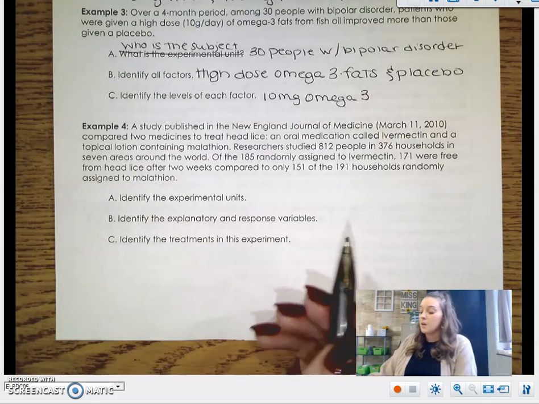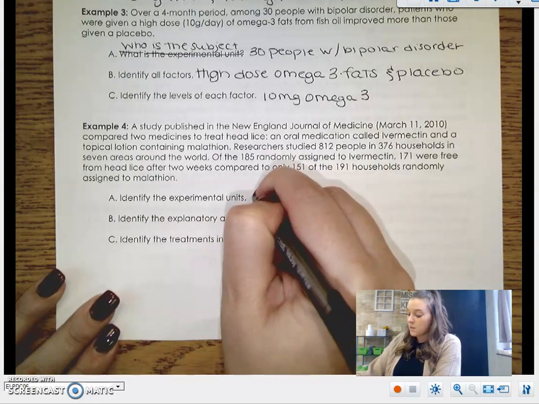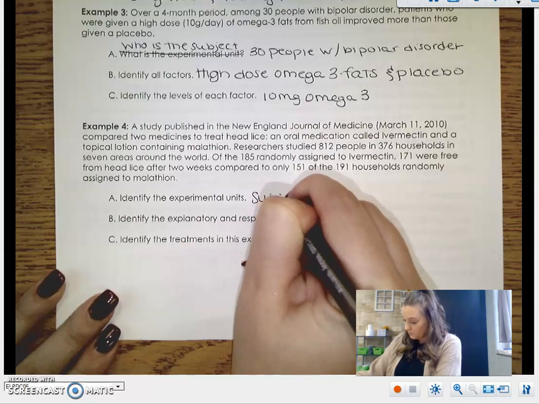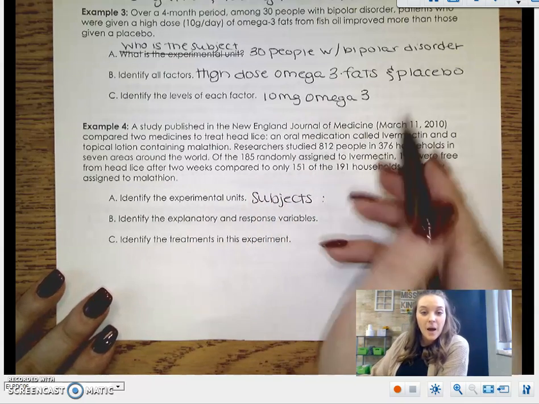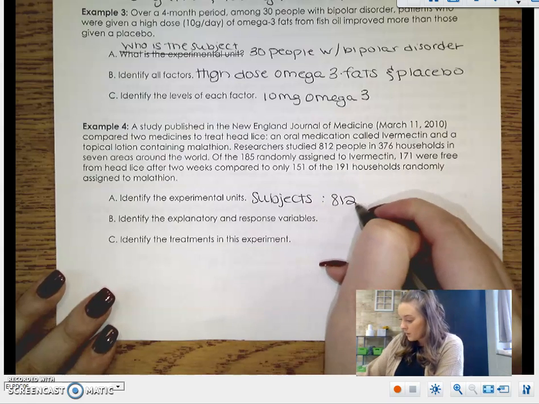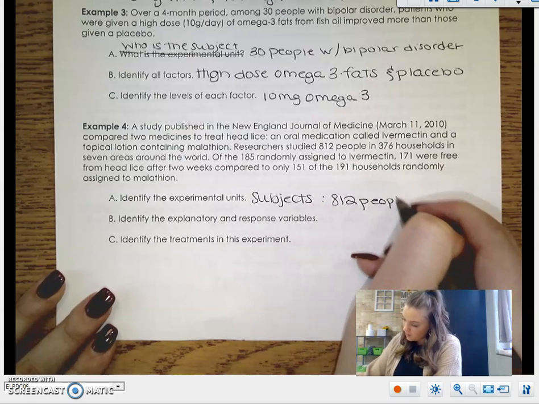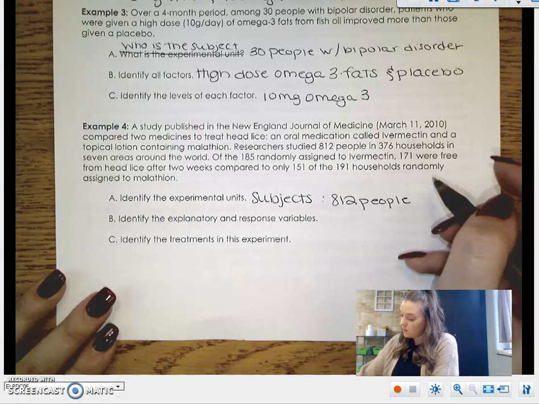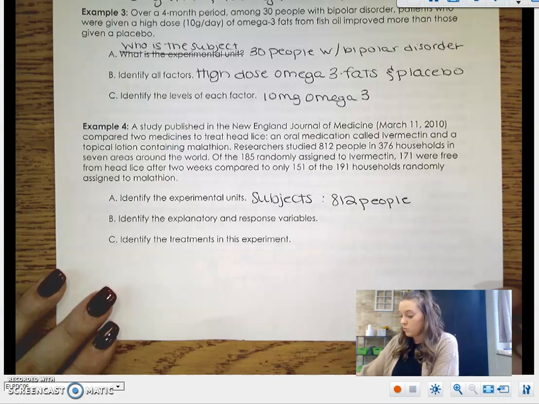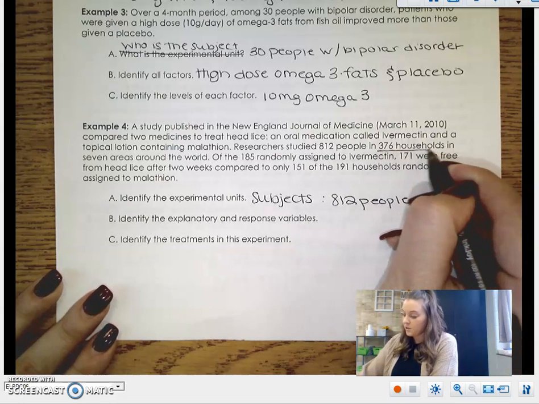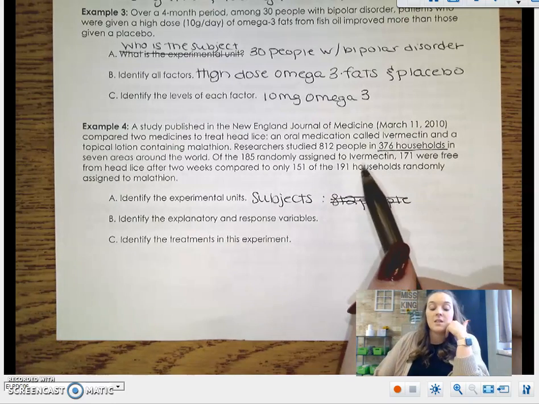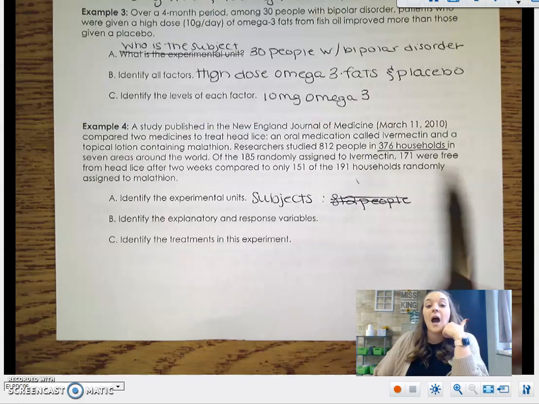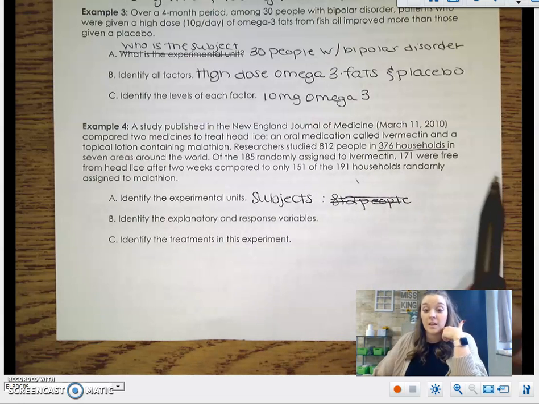So my experimental units are going to be the subjects, because we're talking about humans, and we are talking about 812 people with, we are talking about 376 households. And the reason why we're talking about the 376 households is because the households are what were randomly assigned.